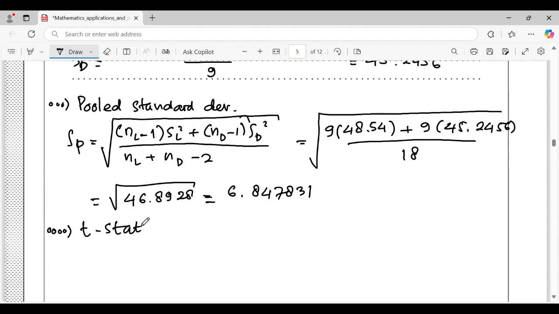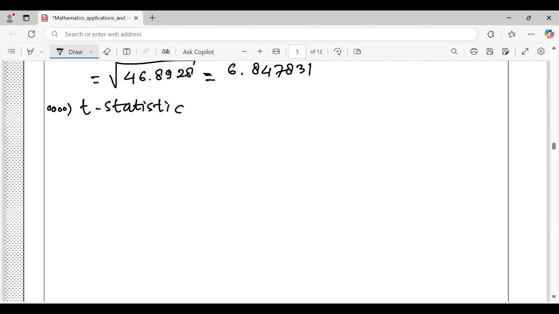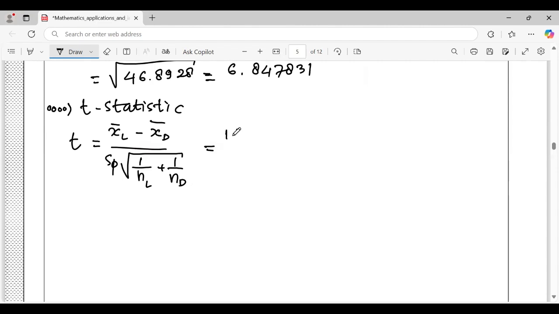The t statistic formula: t equals x L mean minus x D mean, divided by the pooled standard deviation multiplied by the square root of 1 over N L plus 1 over N D. It is 169.9 minus 171.3, divided by 6.847831 multiplied by the root of 2 divided by 10.